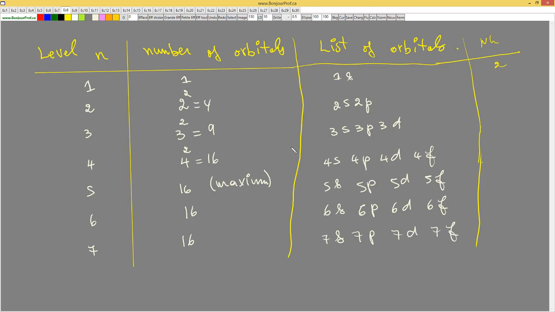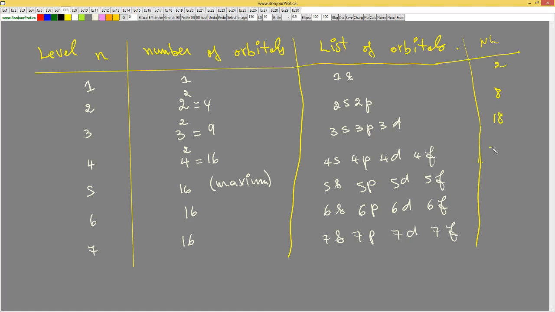These are the orbitals. You can count how many electrons you can put, but I'm going to do them here. Each orbital can hold 2. For example, here it will be 8, because 4 times 2 is 8, since I have 4 orbitals, so 4 rooms. Each room can hold 2, so I multiply by 2. Here it will be 18.